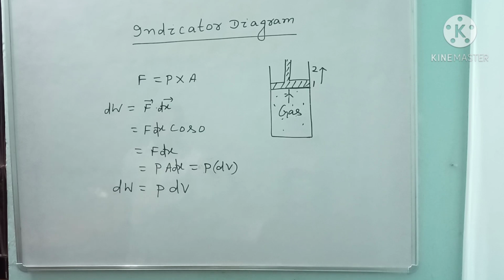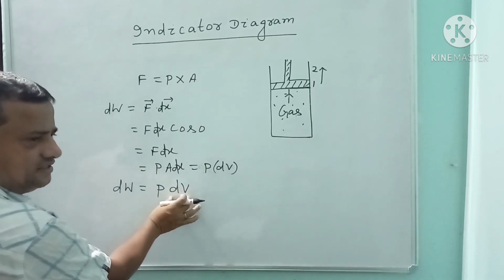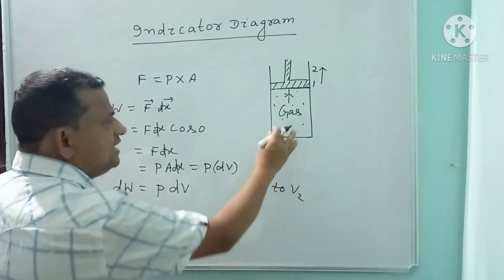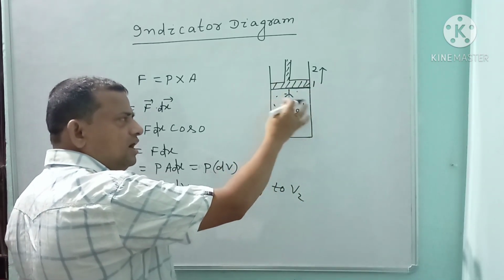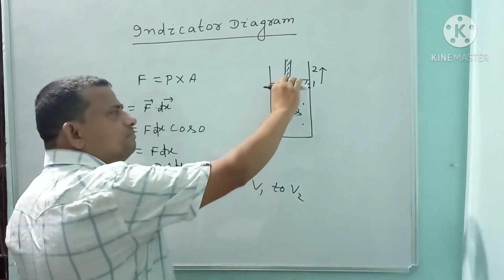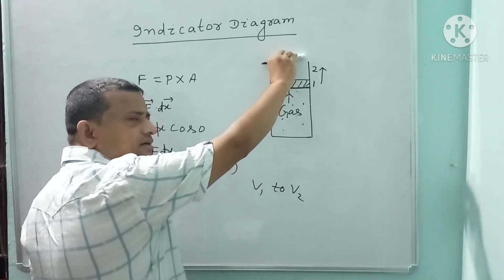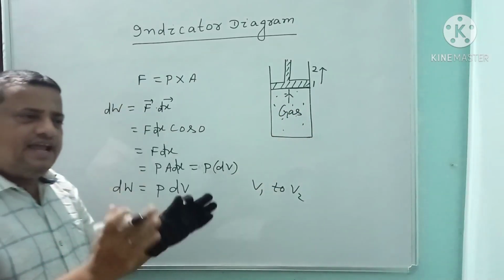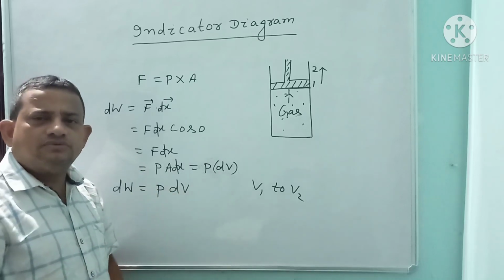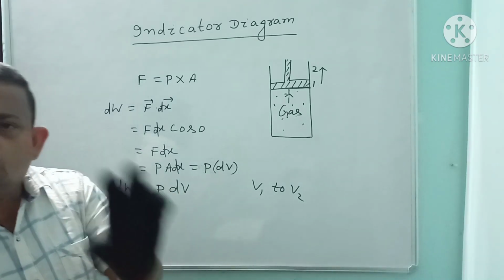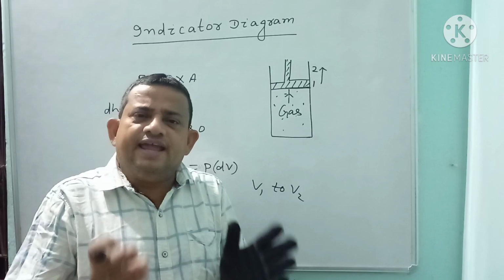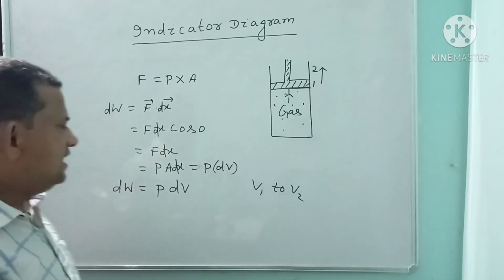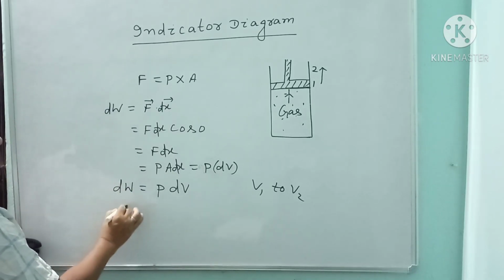But if the volume is changed from V1 to V2, suppose the initial volume of the gas is V1 and after piston movement the volume becomes V2, what is the net work done? From small work done, net work can be obtained by integration.